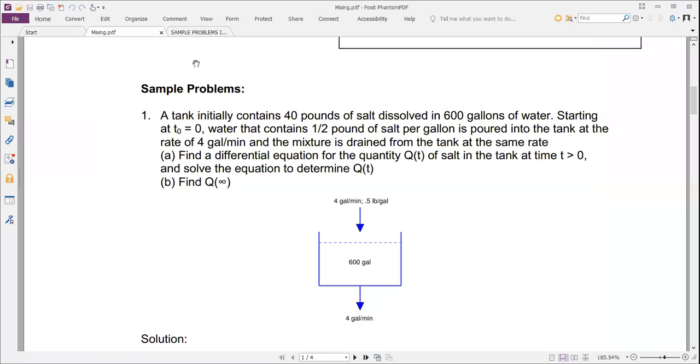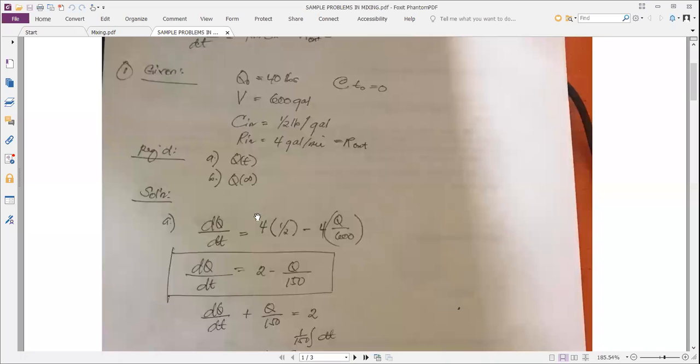So solve the equation to determine the Q of T, which allows you to determine the amount of salt in the tank at any particular time. However, this cannot be determined unless you know the differential equation. And letter B, you are asked to determine the Q of infinity.